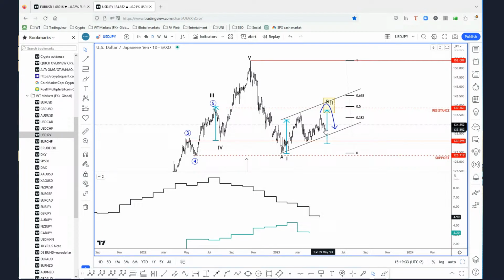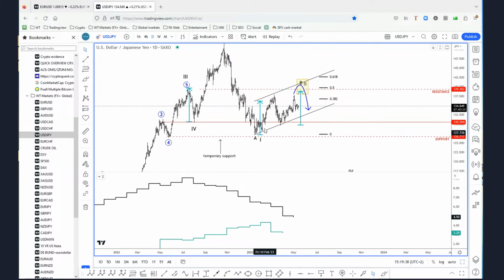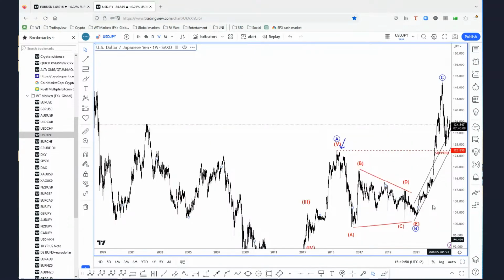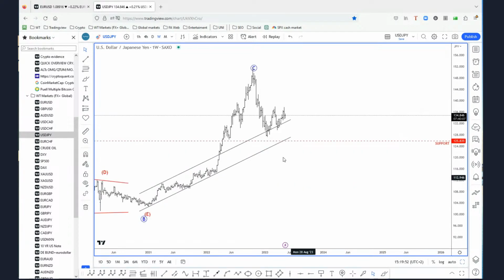The market is chopping around here, and unfortunately, in my opinion, this will take longer than we thought, because it looks like we could be dealing with a complex correction. Looking at this price action, this clearly looks like a top, this looks like a correction, and these corrections obviously will try to confuse traders. The more complex it is, the longer it will take to unfold, and the trickier it will be to follow.